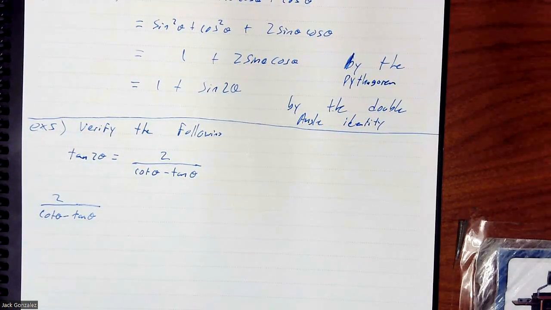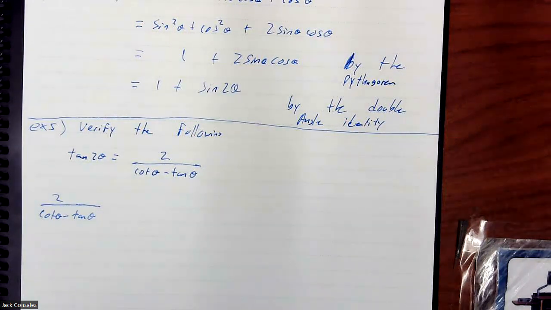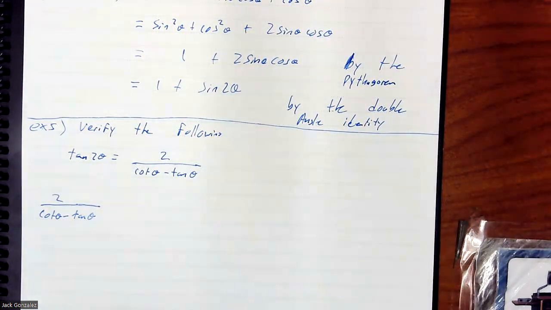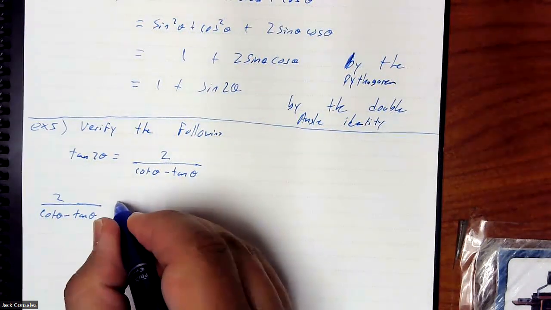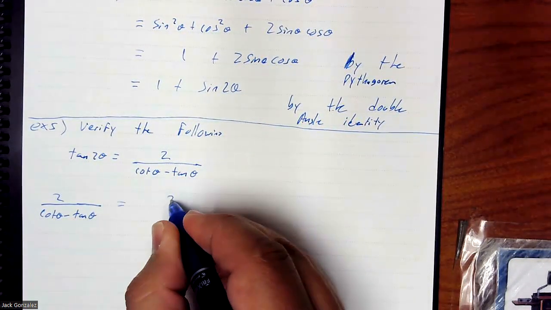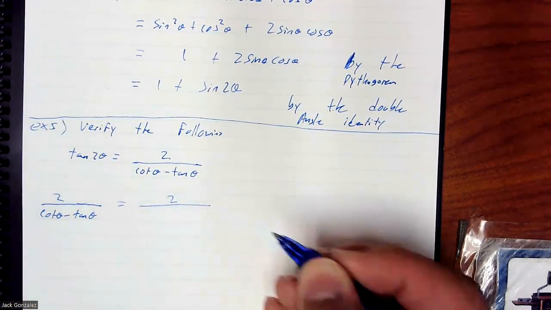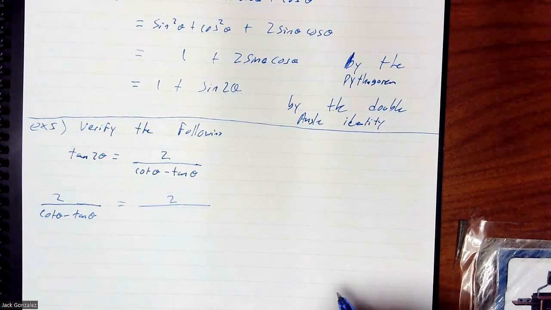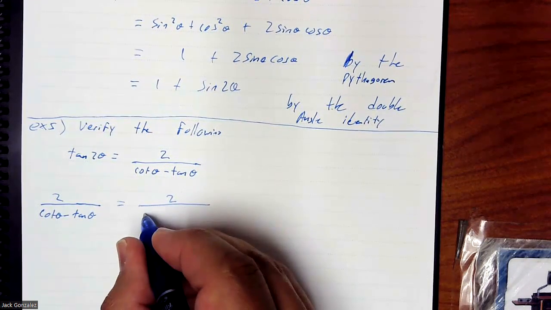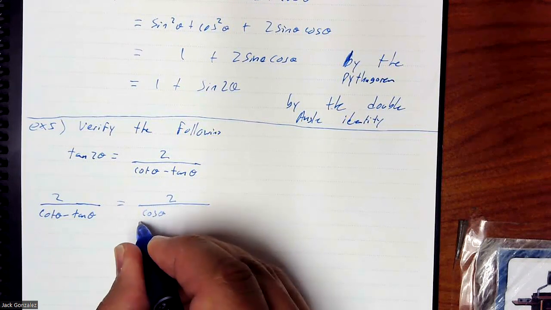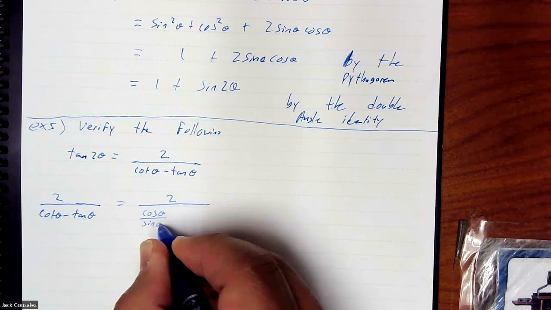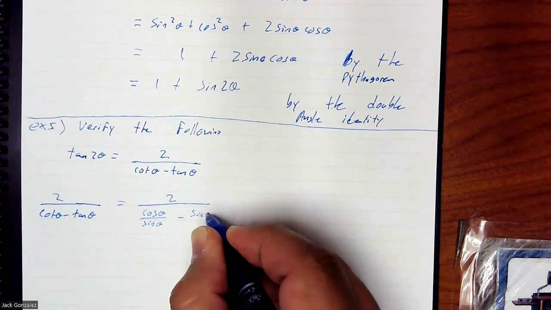The right looks more disturbing, right? All right, so subtract that denominator. This will become cosine over sine minus sine over cosine, correct?